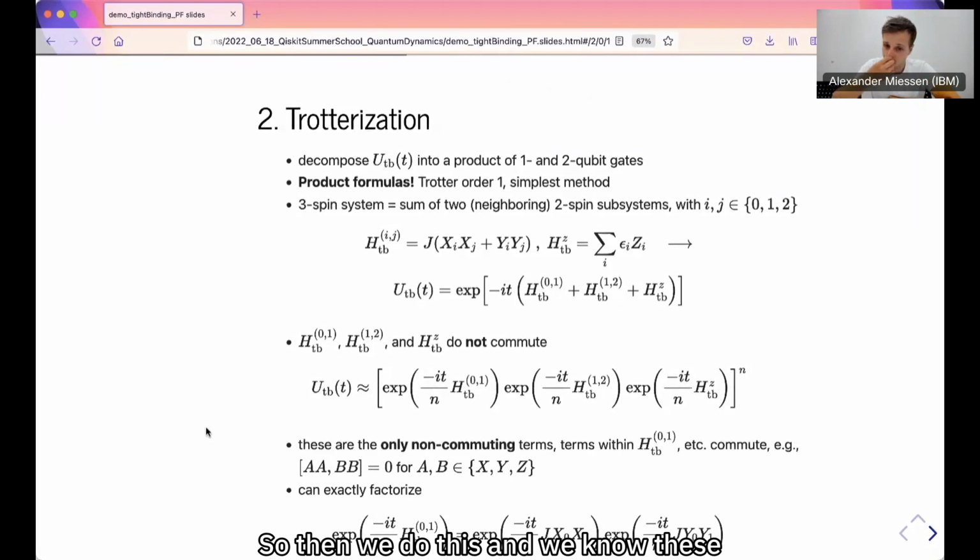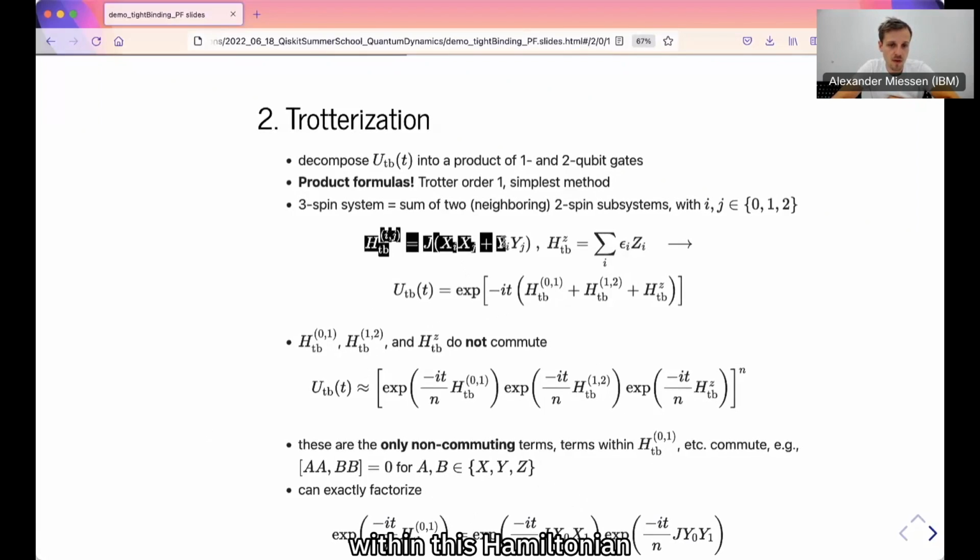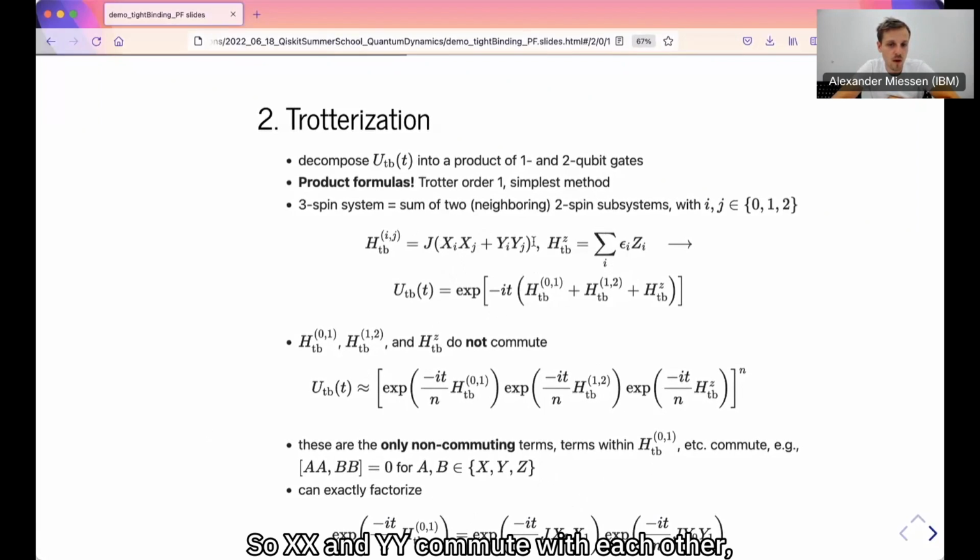So then we do this, and we note these are actually the only non-commuting terms in the tight binding Hamiltonian, since within H01 or H12, these terms actually commute. So XX and YY commute with each other. And this is actually general.